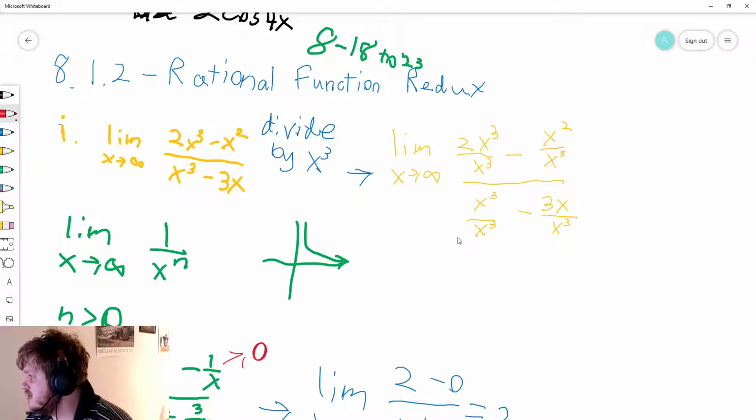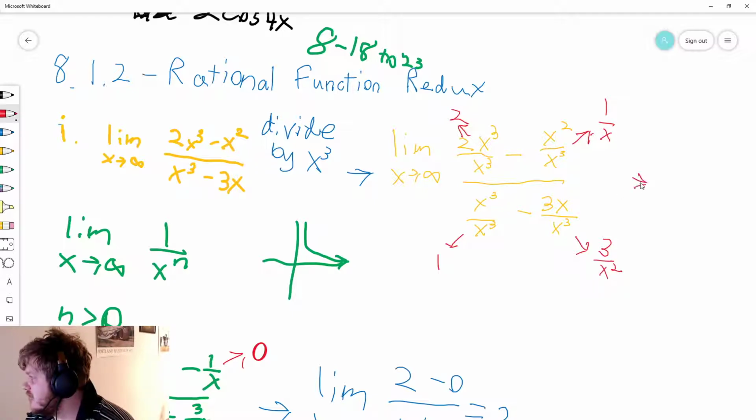So x cubed over x cubed becomes just 1. 2x cubed over x cubed ends up becoming 2. X squared over x cubed ends up being 1 over x. And then 3x over x cubed becomes 3 over x squared.